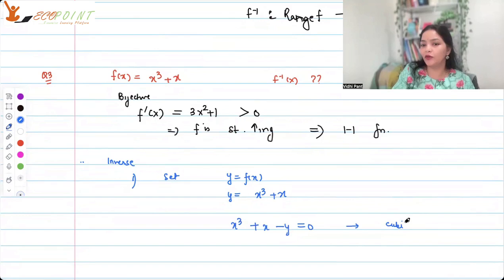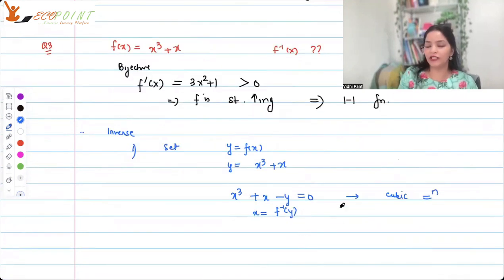This is your cubic equation. And the solution to this cubic equation, because what we require is x equal to f inverse of y, is essentially your inverse function, which is a tricky thing to do.